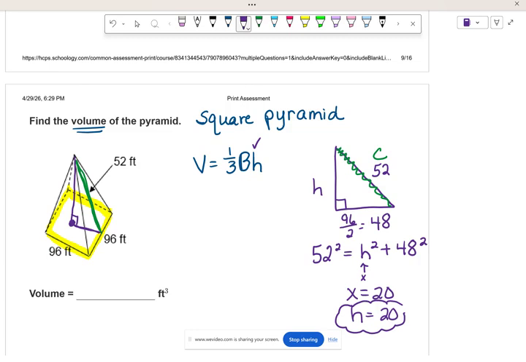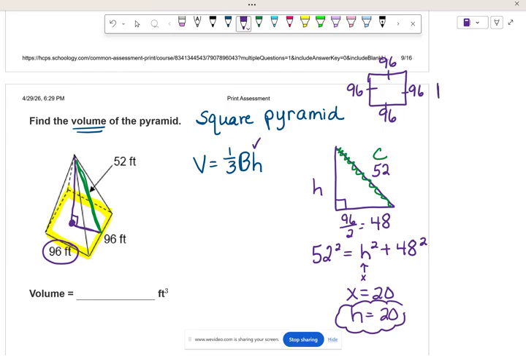Now we have to find big B, the area of the base. All right, I'm running out of room. I wrote too big for my Pythagorean theorem, but we can do this. We just need to go draw a square. I can do that right up here at the top. That square base had dimensions 96 and 96. We need to find big B, the area of that base.